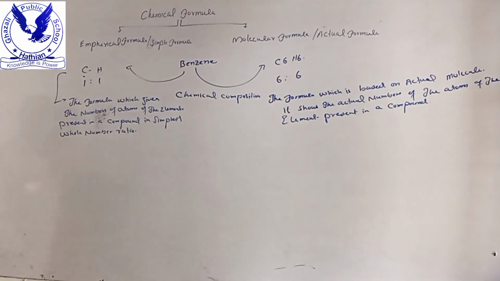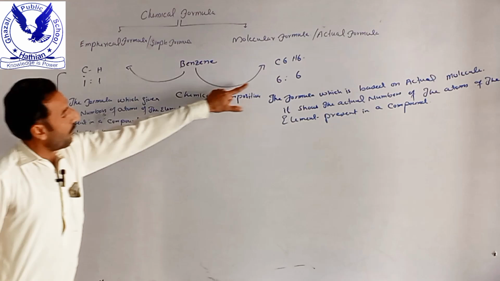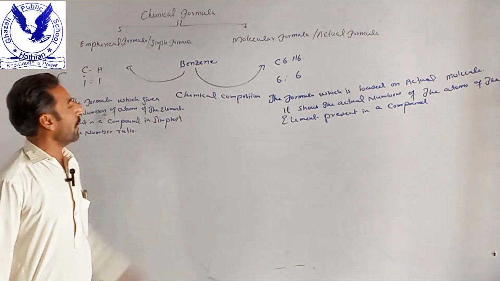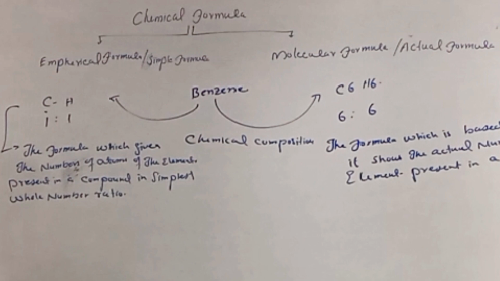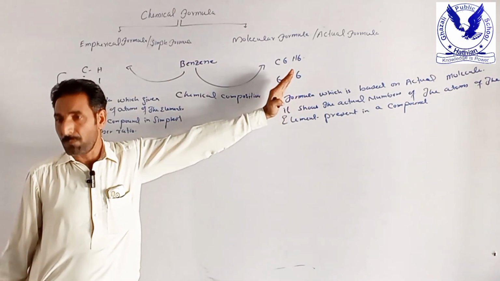Now, the one thing common in both formulas is that both show the chemical composition. The formula that shows the chemical composition as well as the actual number of atoms of the elements present in a compound is known as the molecular formula. It is based on the actual molecule.